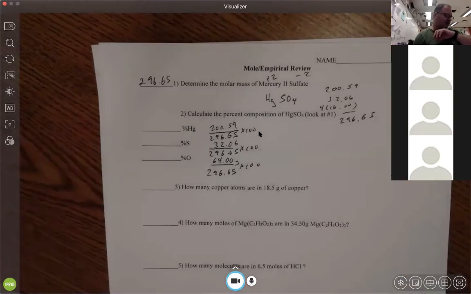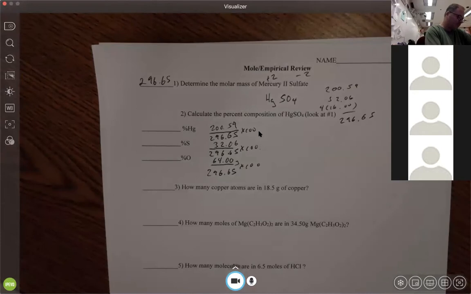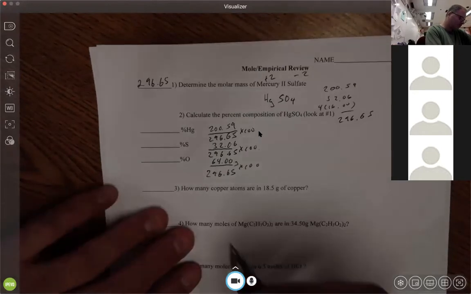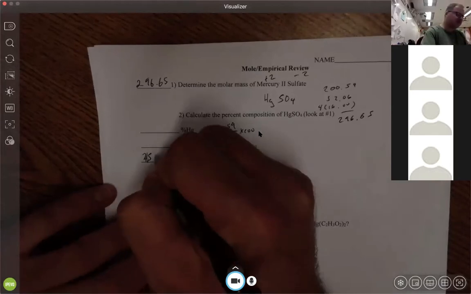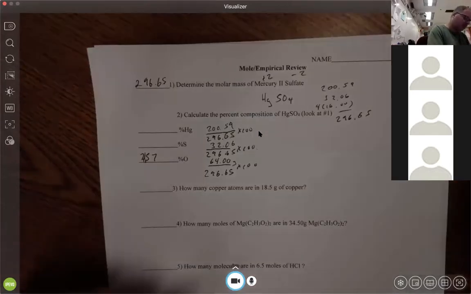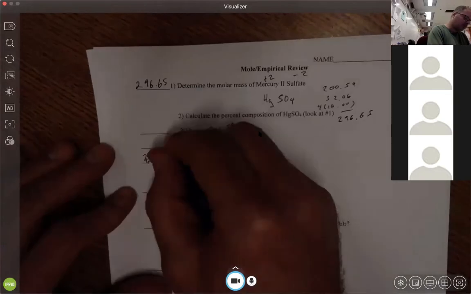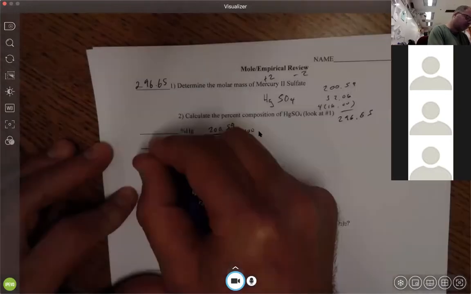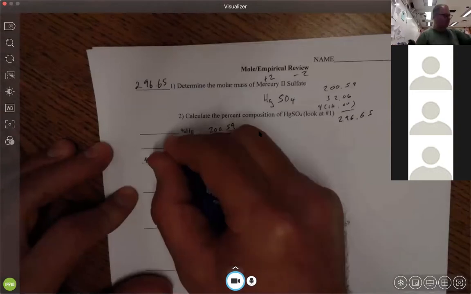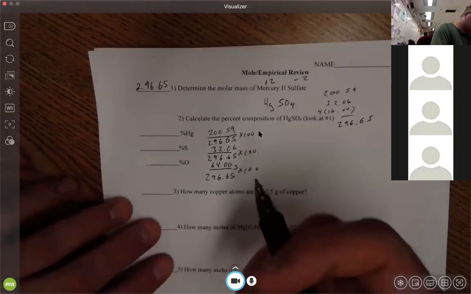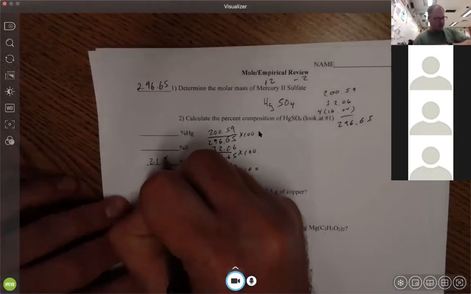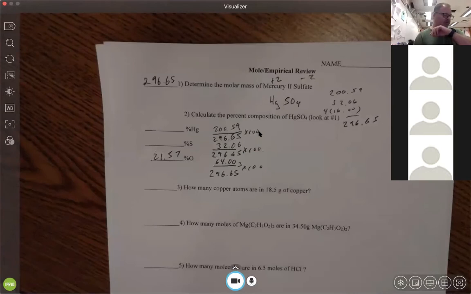64 divided by 296.65 times 100. The answer is about 21.5742, 21.57%. I'm going to rewrite that just so it looks better. 21.57. 32.06 divided by 296.65 times 100.